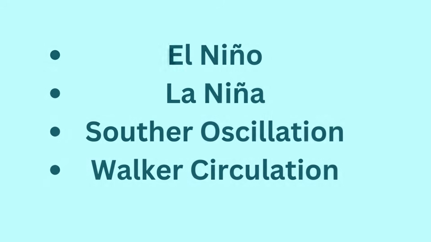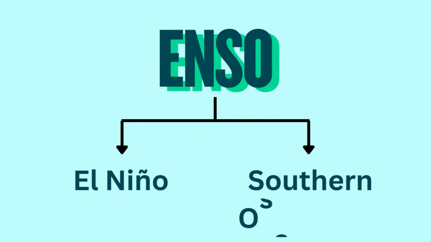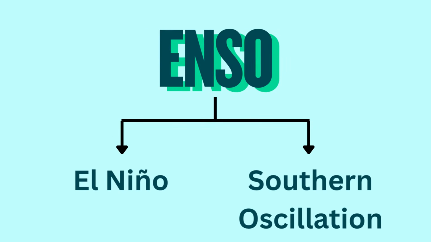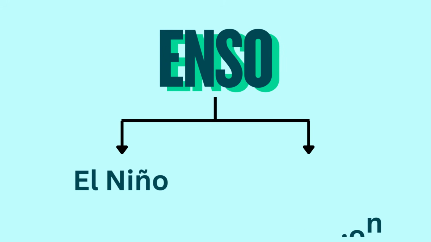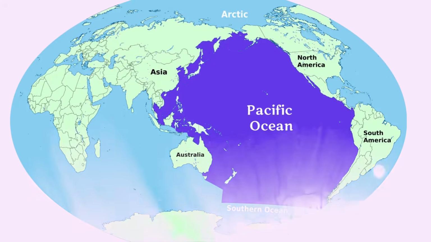Let's get started. ENSO stands for El Niño-Southern Oscillation, and it's a naturally occurring climate pattern that repeats every few years. It has two main phases, El Niño and La Niña. These phases are driven by changes in the temperature of the Pacific Ocean and the winds that blow across it.